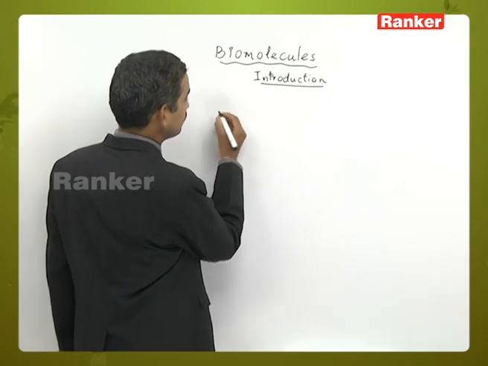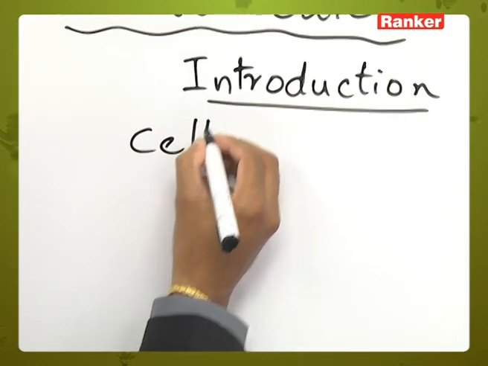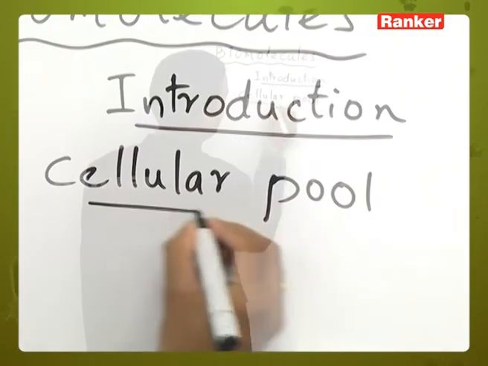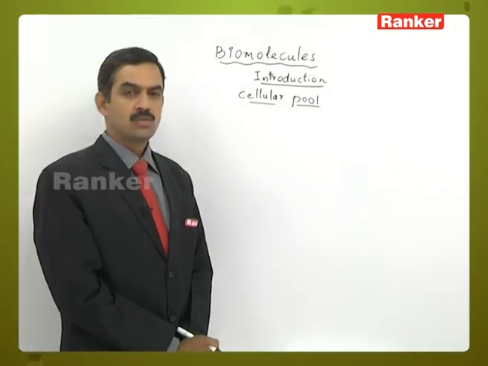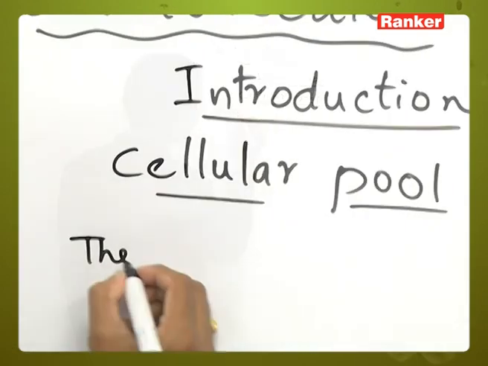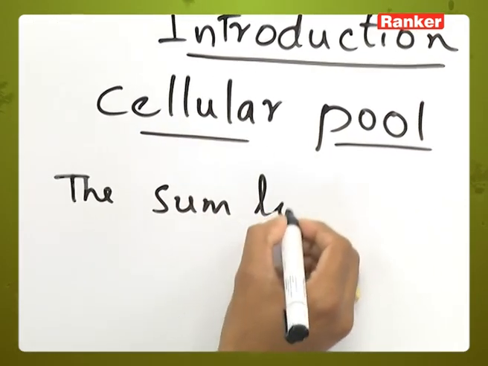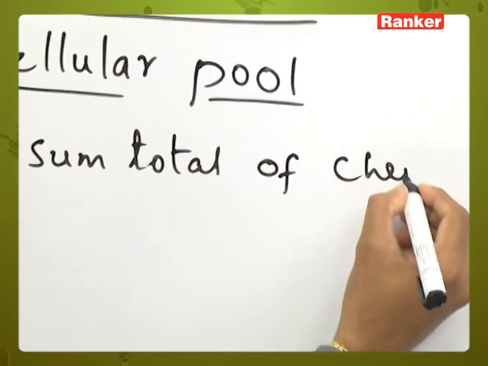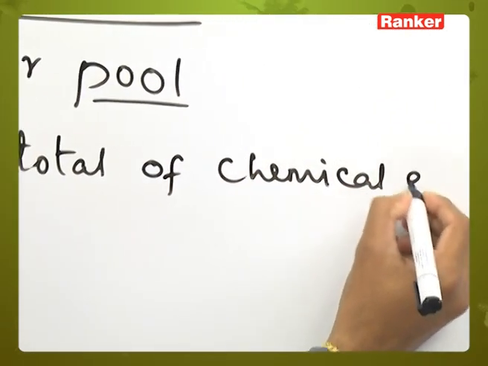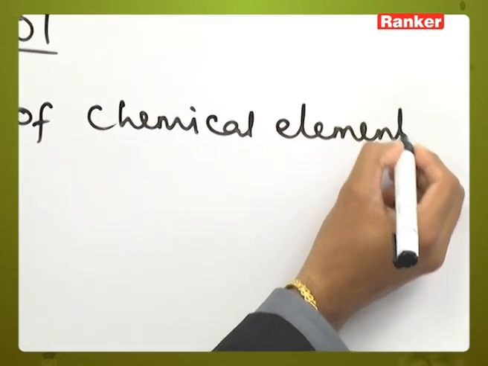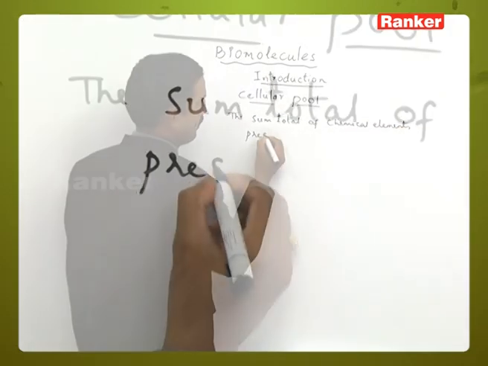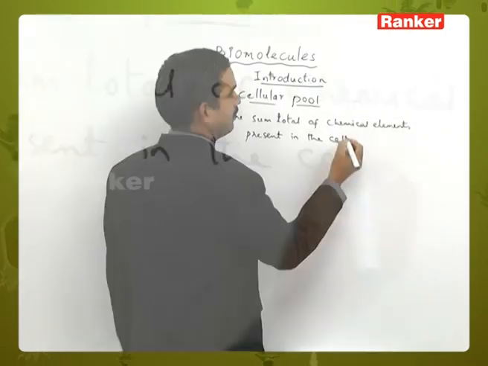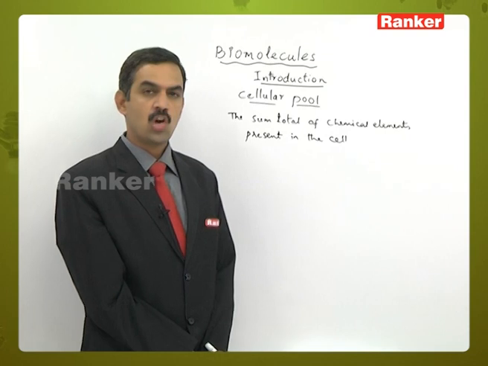So first, let's see what is the cellular pool in a cell. Cellular pool: the sum total of chemical elements present in a cell is called the cellular pool.